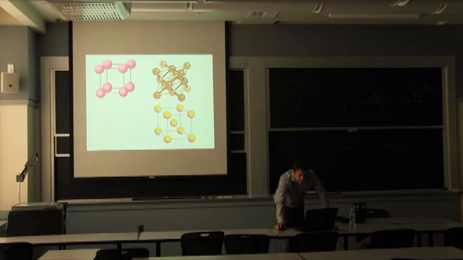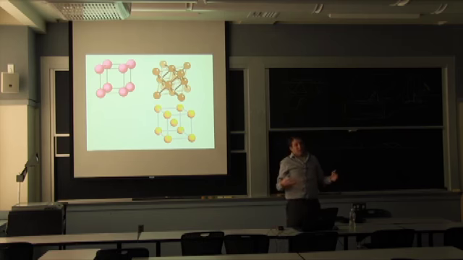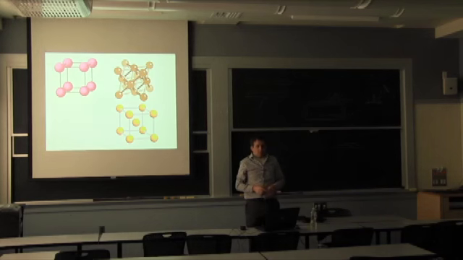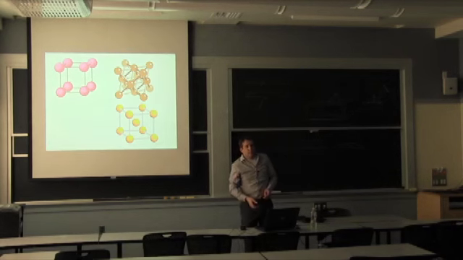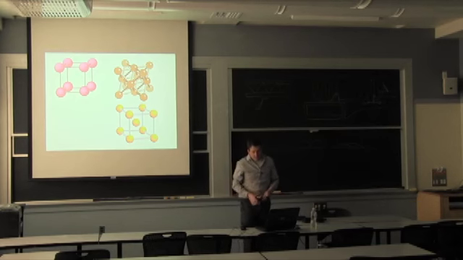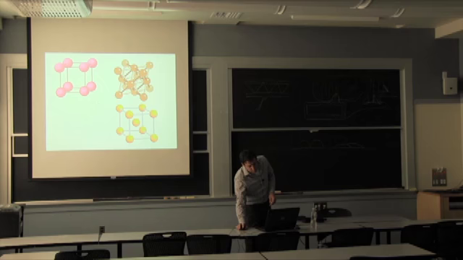What happens is this transformation from the face-centered cubic to the body-centered cubic takes a fair amount of reorganization of the atoms. And if you cool fast enough, you can avoid it. You can end up at ambient temperature with this structure, and that's what we call quenching for steel.